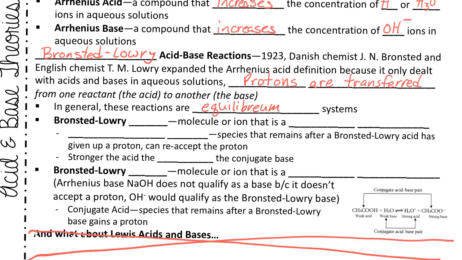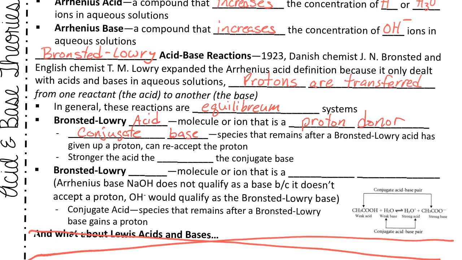A Bronsted-Lowry acid is a molecule or ion that is a proton donor. It donates the proton that it has. A conjugate base is a species or substance that remains after the Bronsted-Lowry acid has given up the proton.